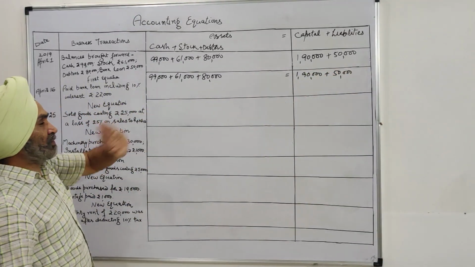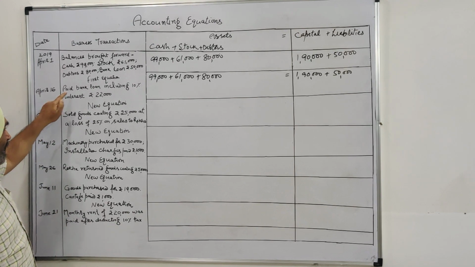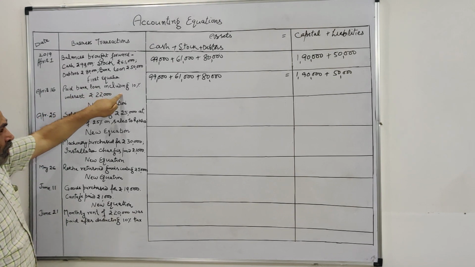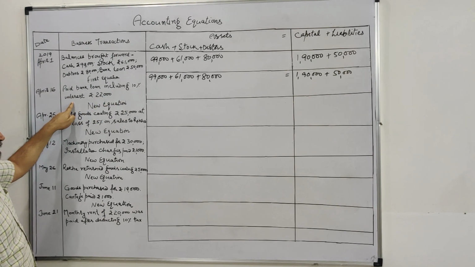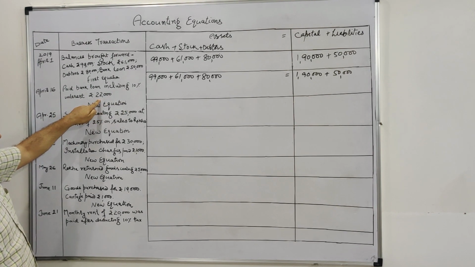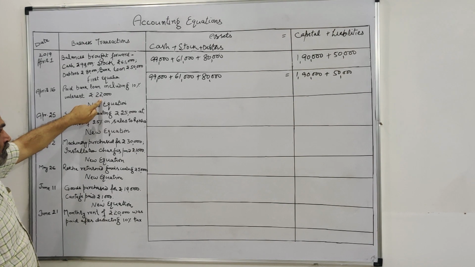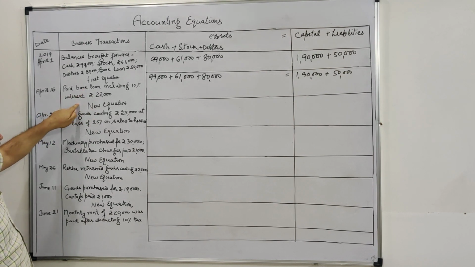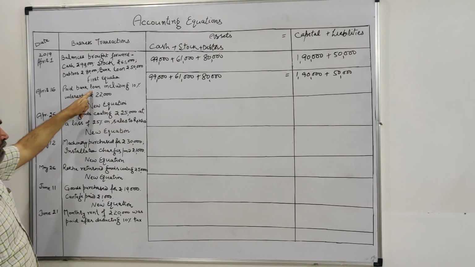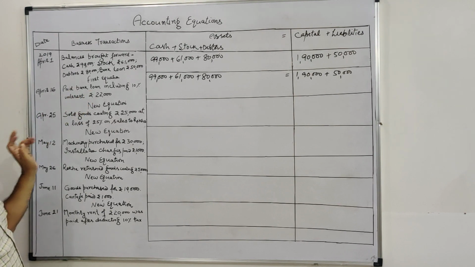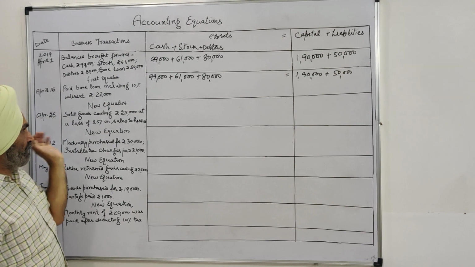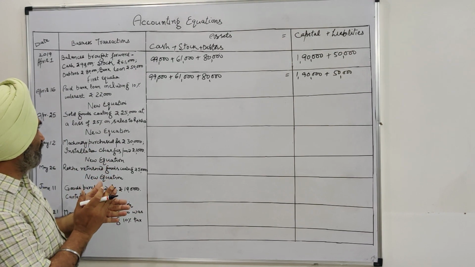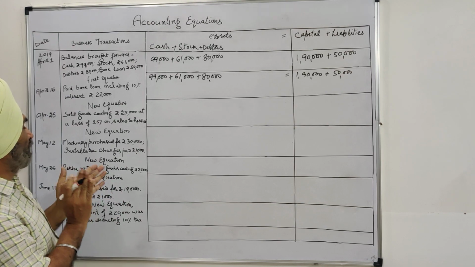Second, paid bank loan including 10% interest, rupees 22,000. This 22,000 includes bank loan as well as interest, the principal amount as well as the interest. So we have to segregate between the interest item and the principal amount.